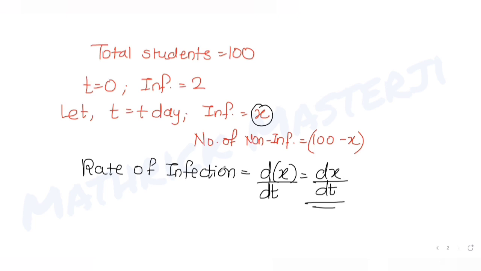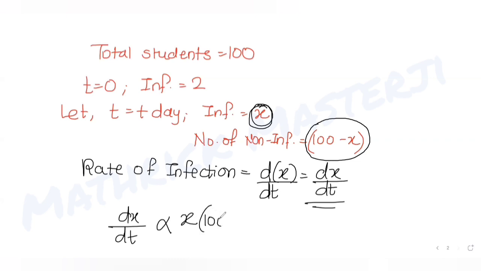Now once I have that dx over dt, it's telling me that the rate at which this virus spreads is directly proportional to the product of the number of infected students, x, and the number of non-infected students, 100 minus x.